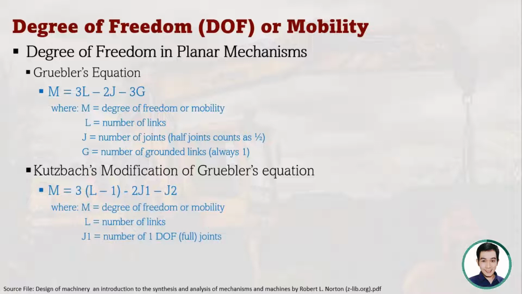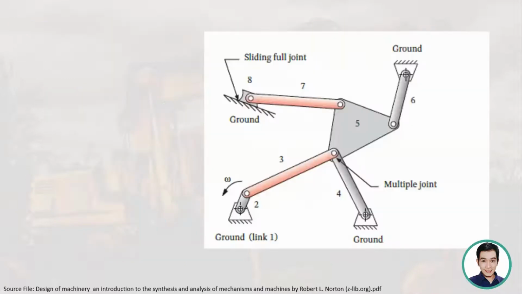Full joints means it has 1 degree of freedom, and then we have half joints, which is the J2, meaning it has 2 degrees of freedom. So we can use either of the 2 in finding the degrees of freedom or mobility of a mechanism.